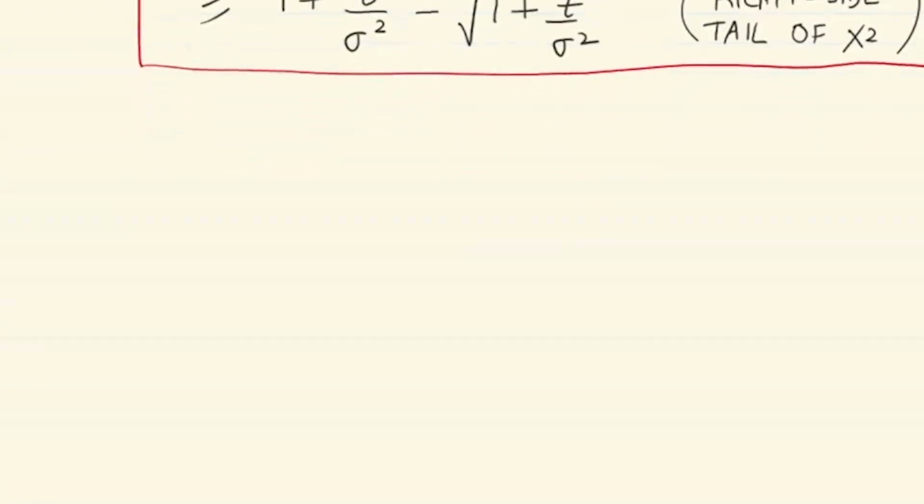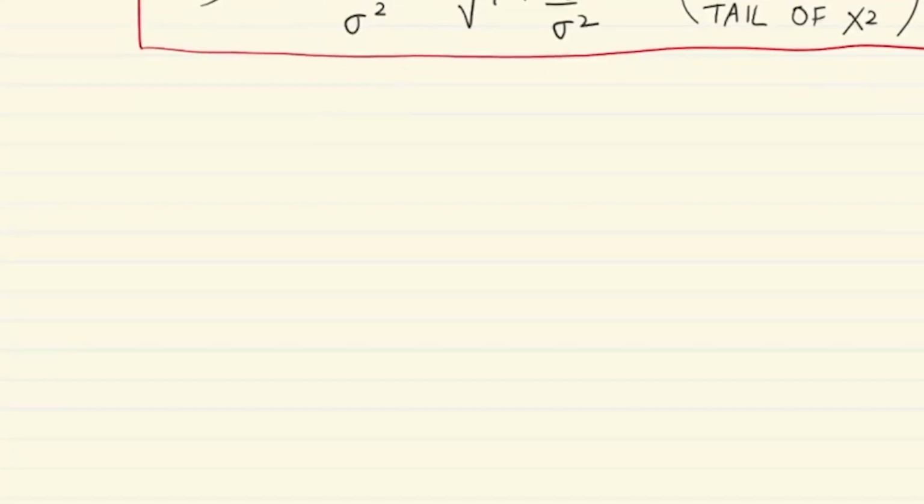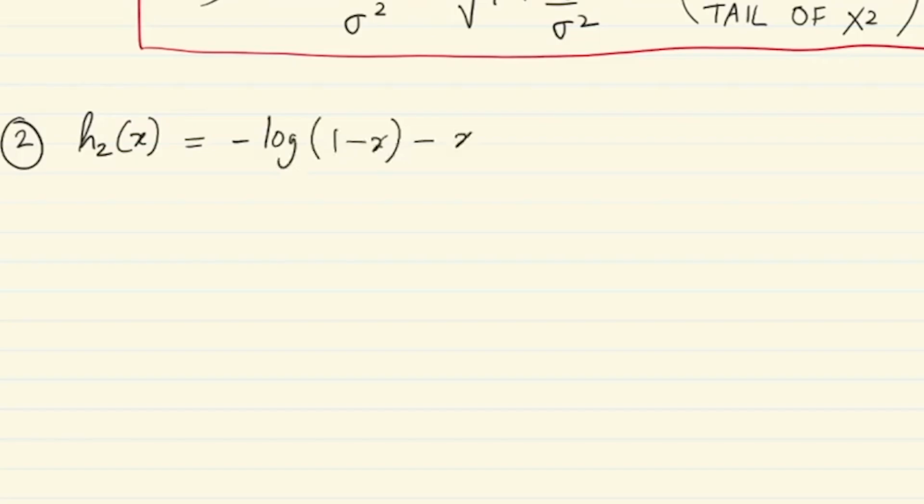On the other hand, the left side tail of chi-square, which is really the right hand side tail of minus chi-square or minus Z, can be bounded in the following way. So the second point here is that h2 of x, which is minus log of 1 minus x, one can easily show by an exercise that this is greater than or equal to x square by 2 for all non-negative x.